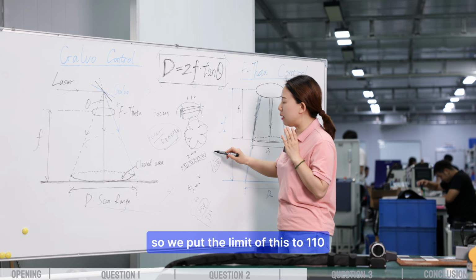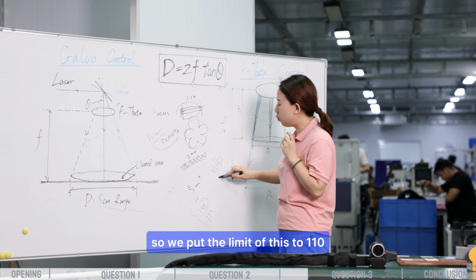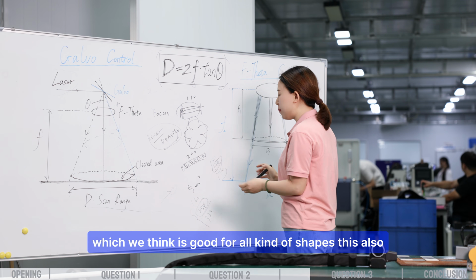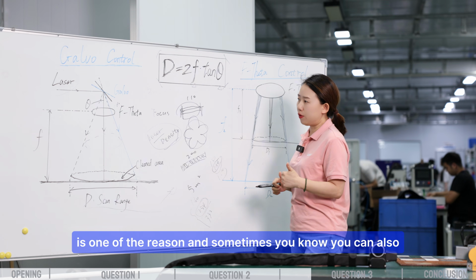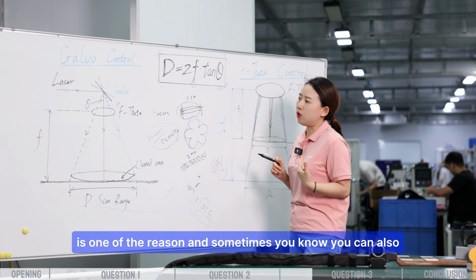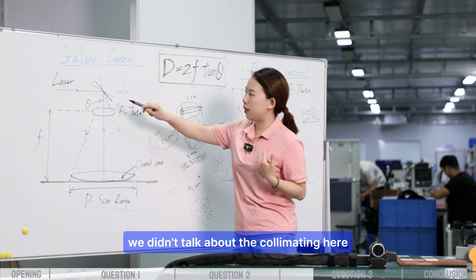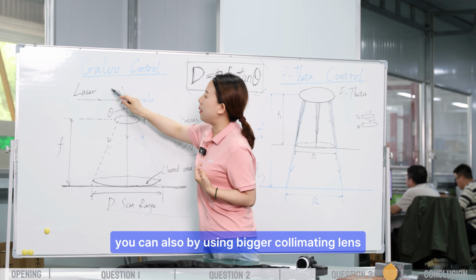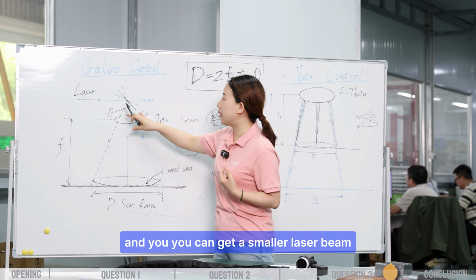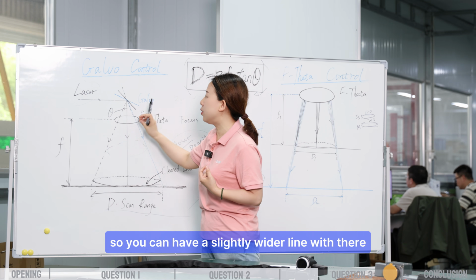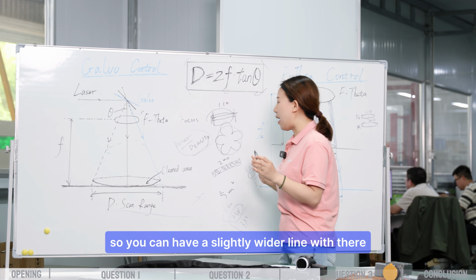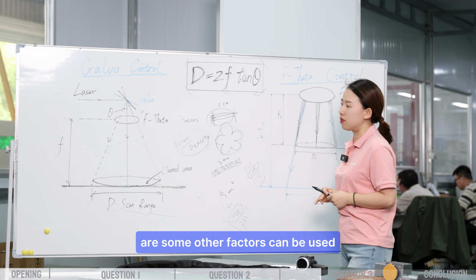So we put the limit at 110, which we think is good for all kinds of shapes. This also is one of the reasons. And sometimes, we didn't talk about the collimating here, by using a bigger collimating lens you can get a smaller laser beam, so you can have a slightly wider line width. There are some other factors that can be used.